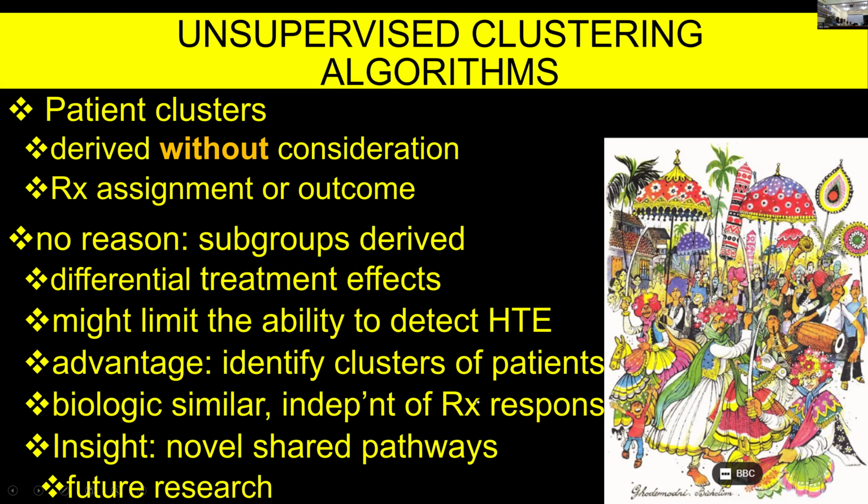But it's independent of treatment response. So we don't include the treatment or the response. If you divide people into groups like this, later on people will ask, hey, what is the biological similarity of these people? So we can look at and understand deeper biology. Somebody will do basic science research to say why this group of patients behave similarly. So for future research, this kind of clustering algorithm is very good.